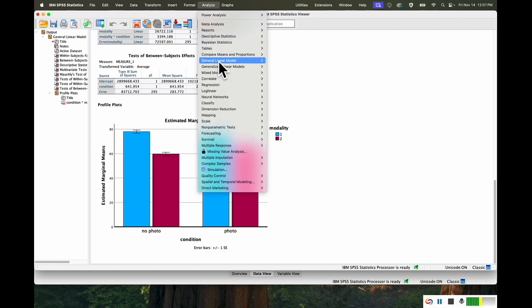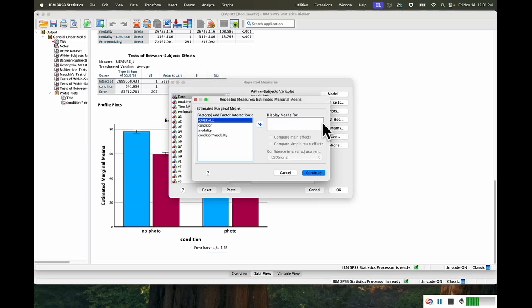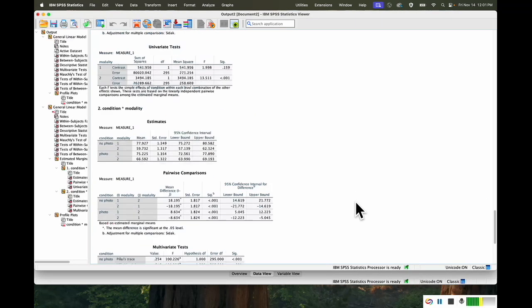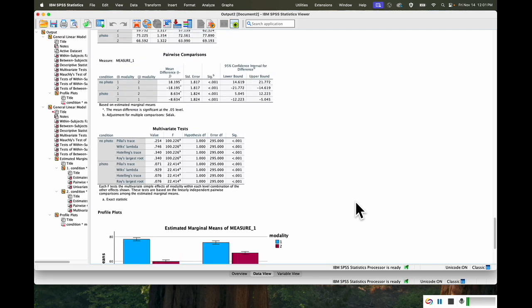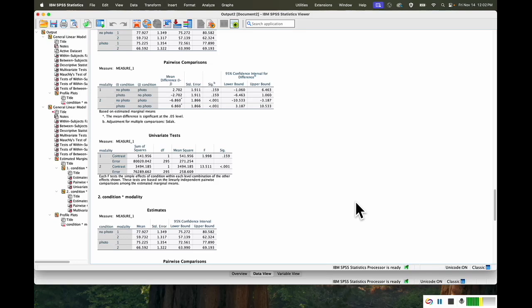So let's explore that a little bit by conducting some follow-up tests. We can go over to estimated marginal means. We just need to do condition and modality, compare simple effects, and we'll correct using Sidak. Click OK. And if we scroll on down to the bottom, we can see that in our pairwise comparisons, if we look within the modalities, that in modality 2, there's a big difference between photo and no photo.